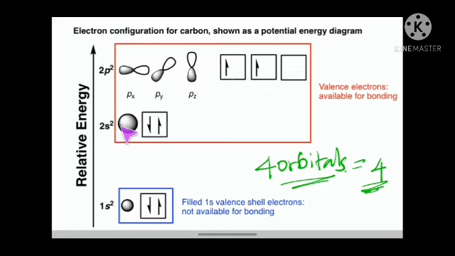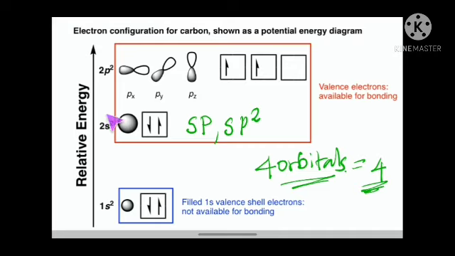This s orbital could hybridize with 1 p orbital and form sp orbitals. Or this s orbital could hybridize with 2 p orbitals and create sp2 orbitals.